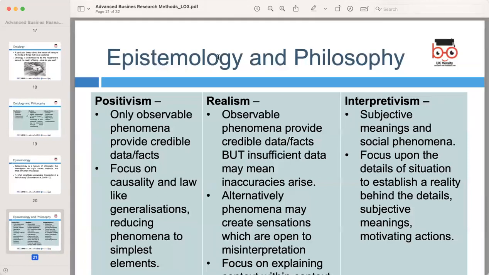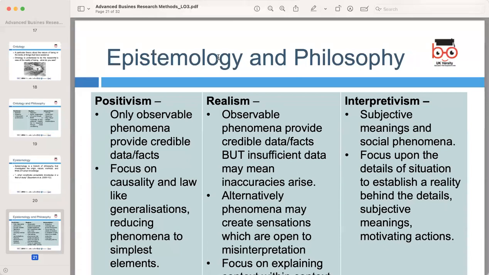Epistemology and philosophy: positivism, realism, interpretivism. Epistemology and philosophy is specifically focusing on three important perspectives, as we discussed earlier: positivism, realism, and interpretivism.